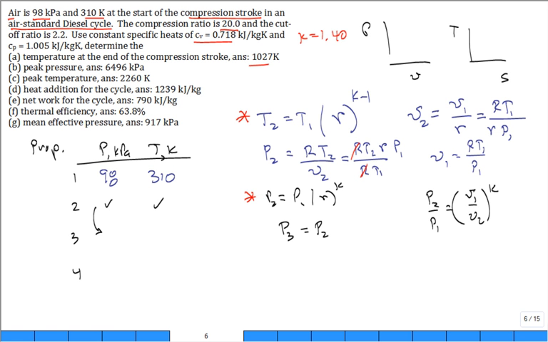Is the process from 2 to 3, is that isentropic? S constant from 2 to 3? It's heating. It's being heated at constant pressure. It's definitely not isentropic. Don't ever use one of those isentropic relationships for a non-isentropic process. So how do I get T3? How can I find T3?